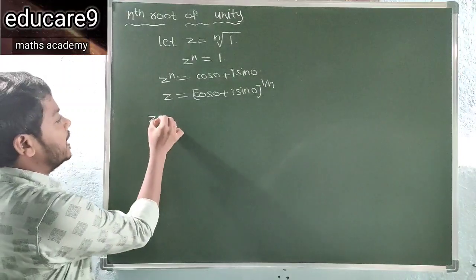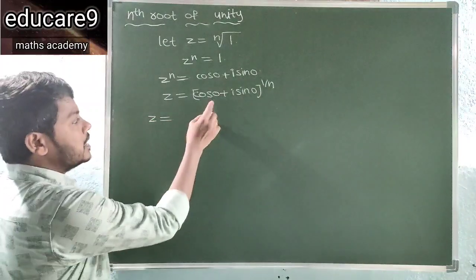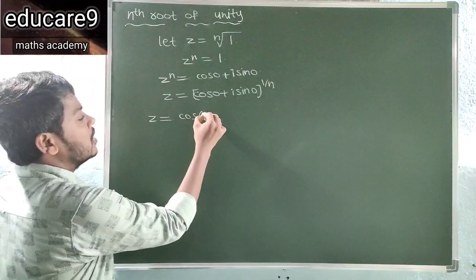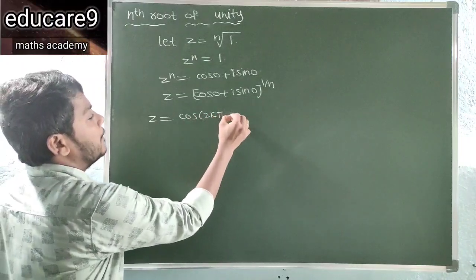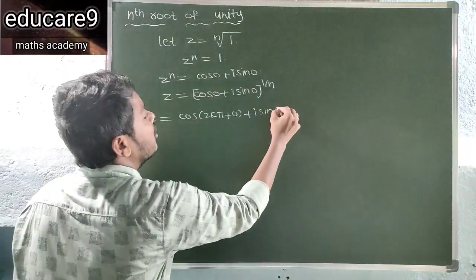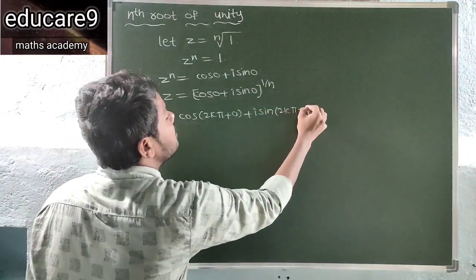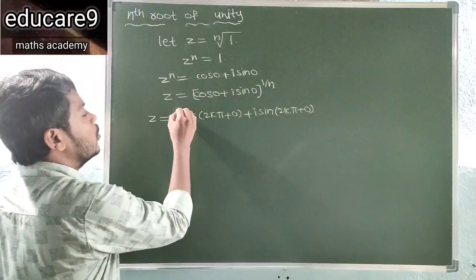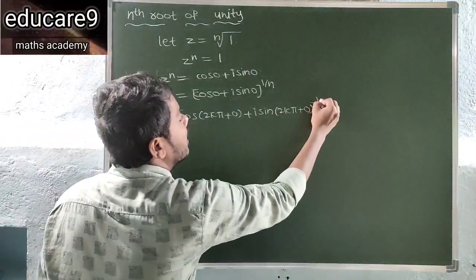Now cos 0 can also be written as cos of 2k pi plus 0, plus i sin of 2k pi plus 0, all to the power of 1 by n.